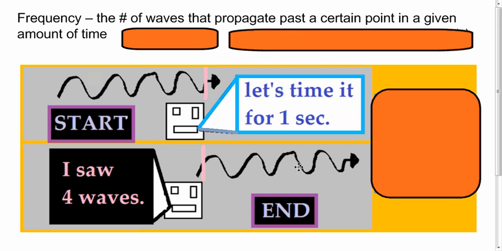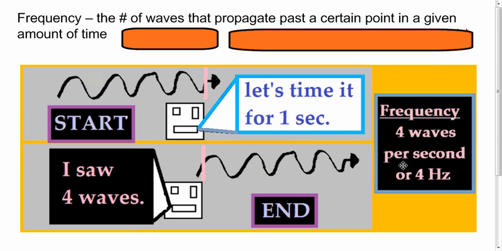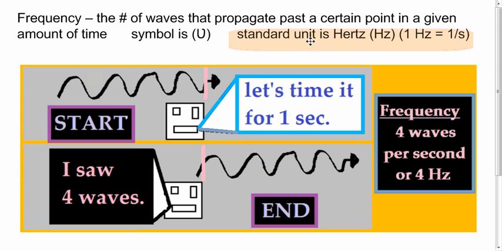He saw 1, 2, 3, 4. He saw 4 total waves. Therefore, he saw 4 waves per second, or 4 hertz, because the standard unit of frequency is hertz, and 1 hertz is 1 per second. So he saw 4 per second, that's 4 hertz.